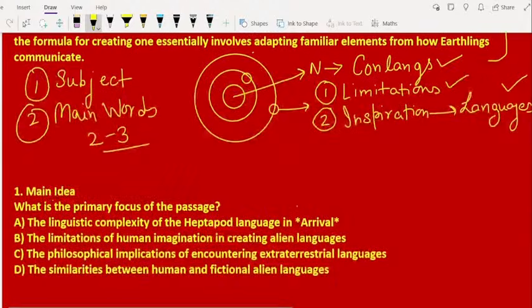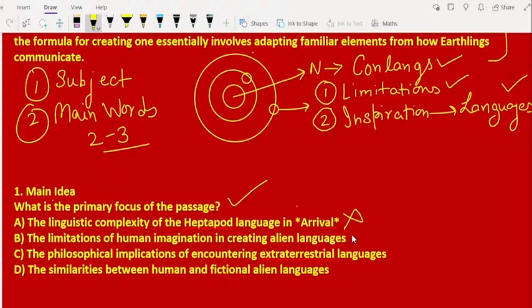The question asks, what is the main idea or the primary focus, or the central idea, whatever you may call it? A: The linguistic complexity of a haptapod language in Arrival. Basically, it's talking about Arrival, the movie. So, are we only talking about the complexity? Answer is no. B: The limitations of human imagination in creating an alien language.